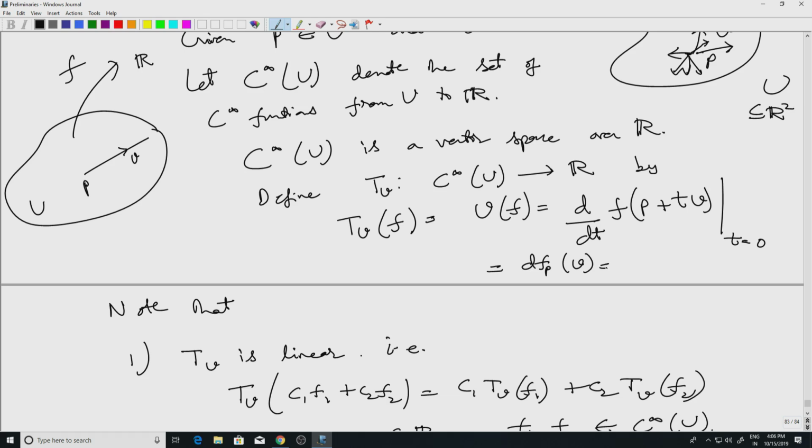And the derivative as a linear map has components given by partial derivatives. So this is also equal to del f by del x1 at P, v1, etc., where V equals v1, v2, ..., vn.